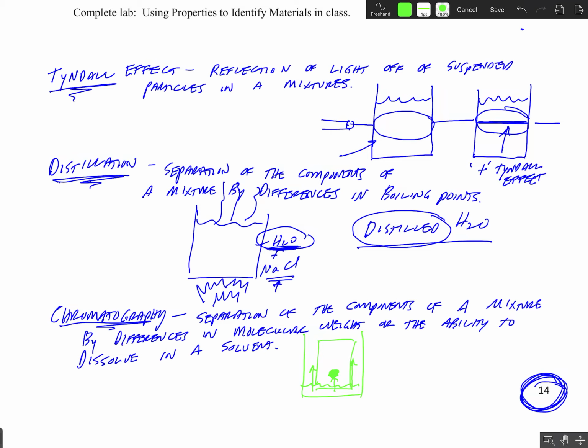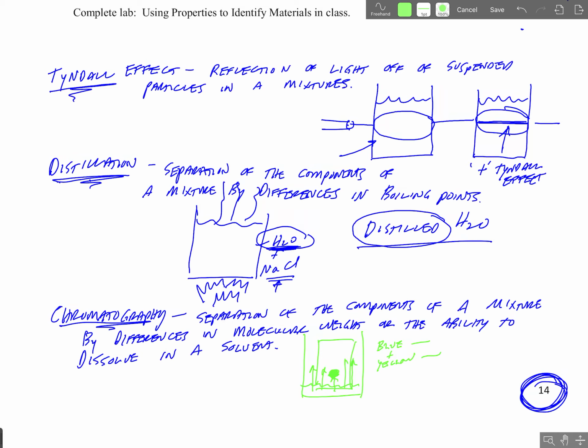It'll move up the paper. And when it does, won't it come in contact with that green dye? Well, green, you guys know, has blue dye in it, and yellow mixed together. Well, these guys dissolve in the solvent, water, differently than each other. They also have different molecular weights. Therefore, the blue and the yellow dyes will move up the paper at different speeds.